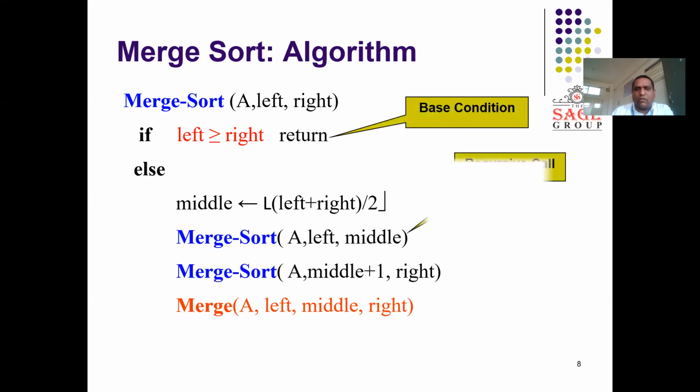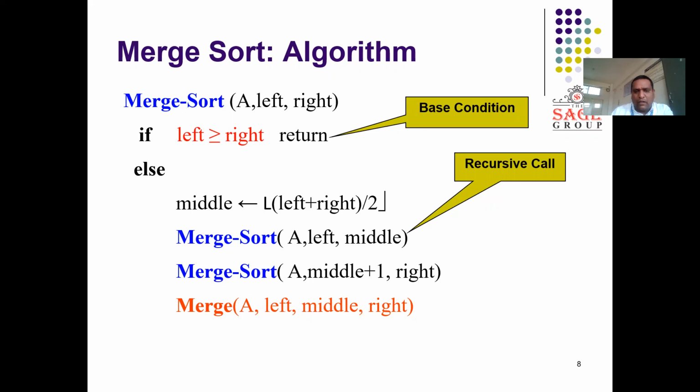In merge sort from left to right, what is the base condition? If left is greater than or equal to right, this is the base condition, and we return. Otherwise, first we calculate the middle as left plus right divided by 2, where left and right are the lower bound and upper bound values respectively.